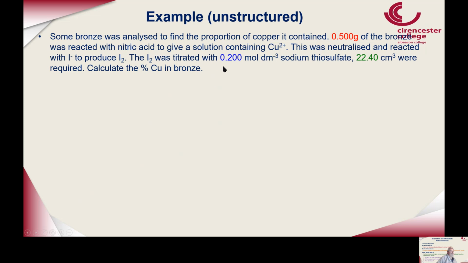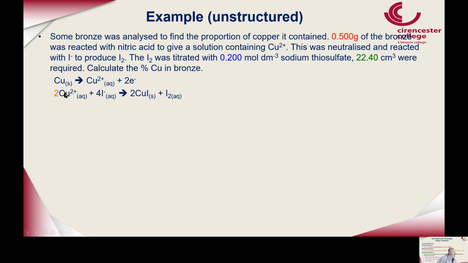So first off, the first numbers we've got to look at are the thiosulfate and its volume, because that will tell us the number of moles of thiosulfate and therefore the number of moles of iodine. Remember that the moles of thiosulfate is also equivalent to the amount of copper moles. So we can write this down here.